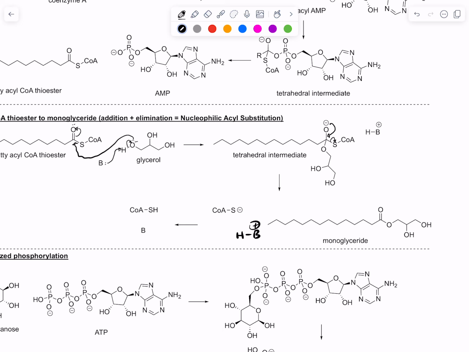And how did you know that you needed to do an elimination reaction? Because I noticed that the CoAS negative split off, so I knew it had to be elimination. Okay. If you look at what left, CoA means coenzyme A, that's a big long thing, and I think we talked about it last time. We'll see it again. But does that strike you as a decent leaving group, and how do you know? I would say yes, but I don't know how to explain why.